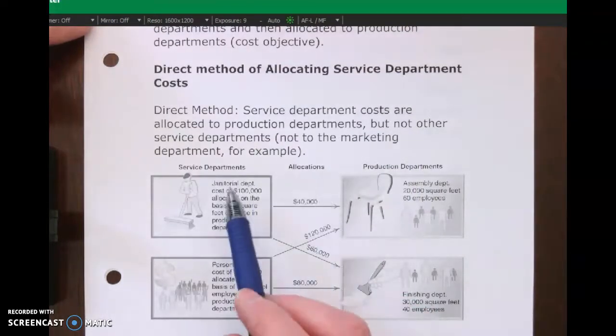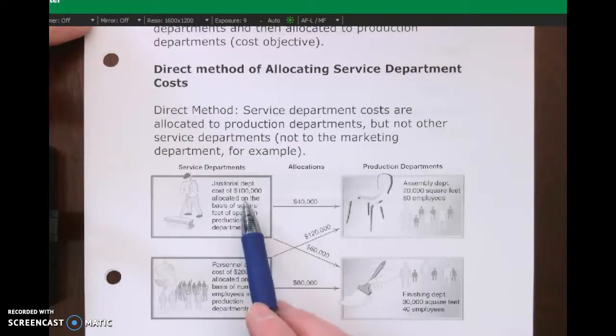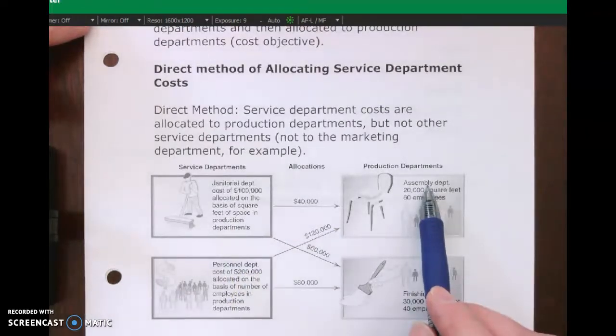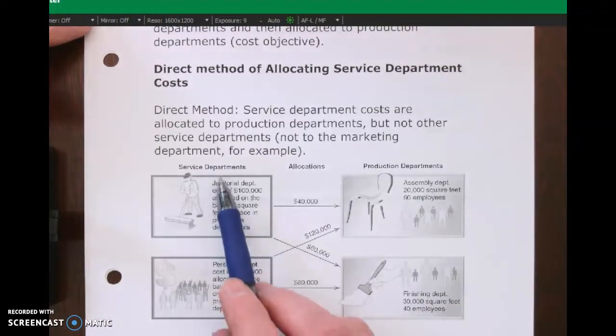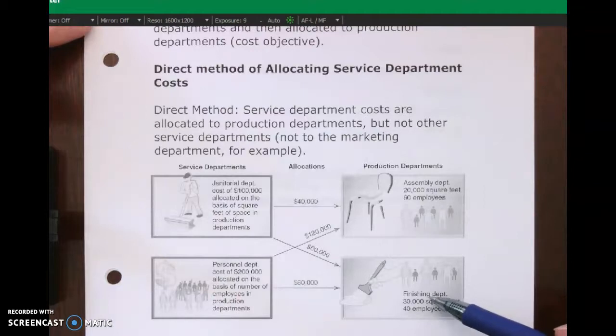So for example, the janitorial department would allocate its $10,000 worth of costs, perhaps based upon square footage, to the assembly department. The service department janitorial would allocate its costs also to the finishing department. Human resources personnel would allocate its costs to assembly and to finishing.